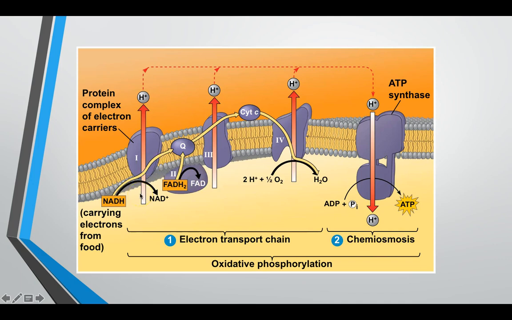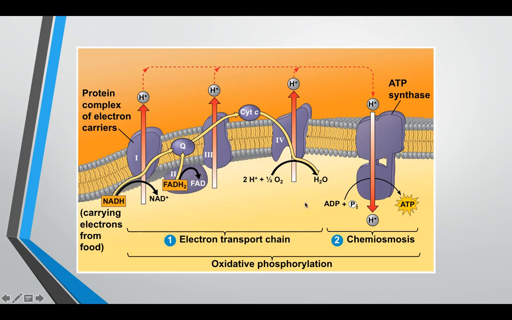Your electron transport chain makes no ATP directly. What it does is it feeds those protons into the matrix and into the inner membrane space to create that proton gradient. It creates the proton motive force.